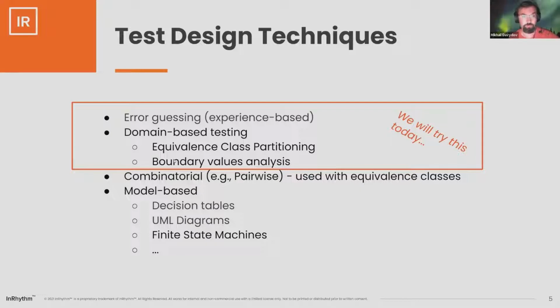So one way of identifying those domains is to look into individual variables and try to identify the boundaries. So, edge cases. For instance, if you have some number that is supposed to be positive, the obvious edge case will be 0. You will also try negative to see that it is not accepted.